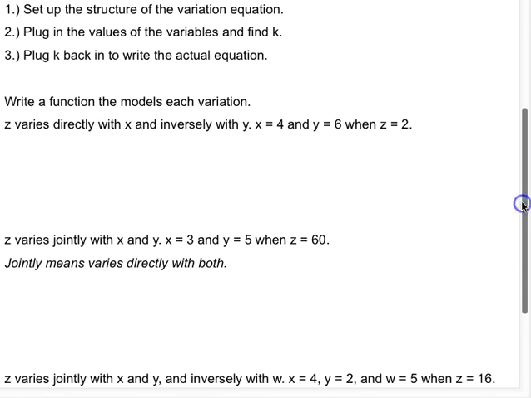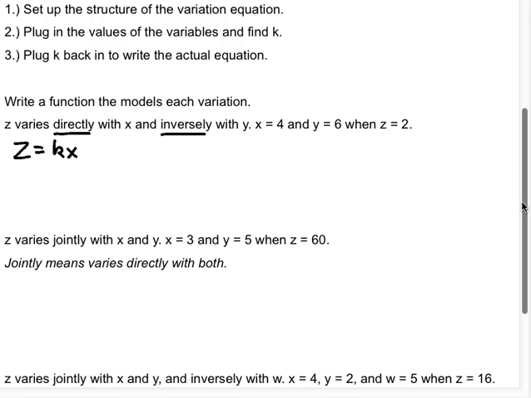variations. So for combination variations, the first thing you want to do is set up whatever structure that it's talking about. So what does that mean? Well, z varies, so z equals directly with x. So what that means is x is going with the k, and inversely with y.